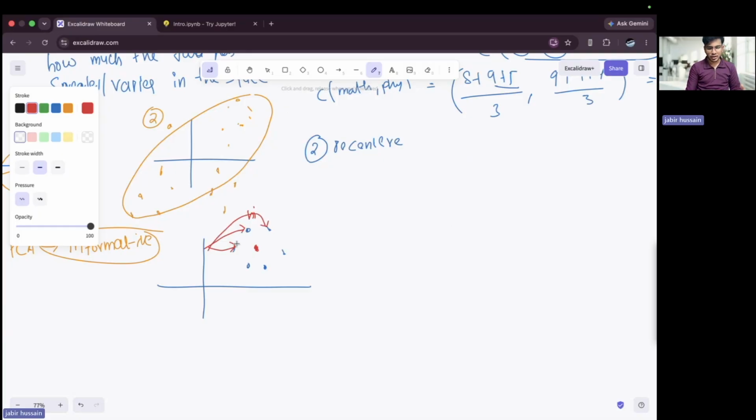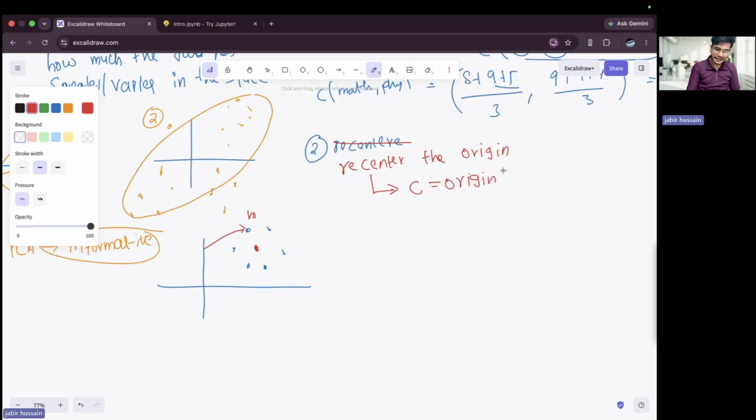If we try to do computations with high numbers, then it will require more energy. The math will be more complex. So what we will do is recenter the origin.